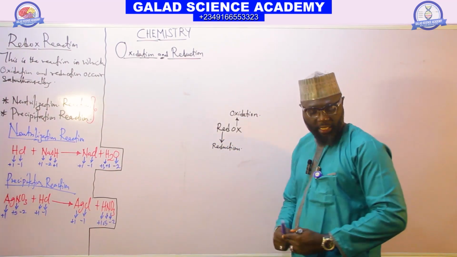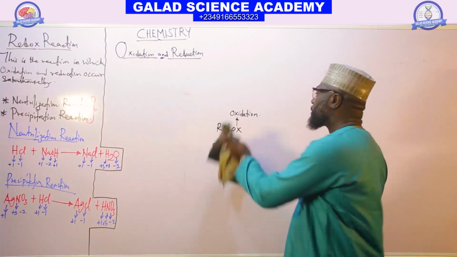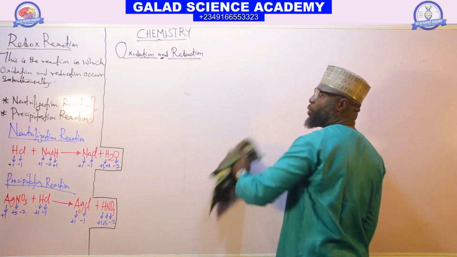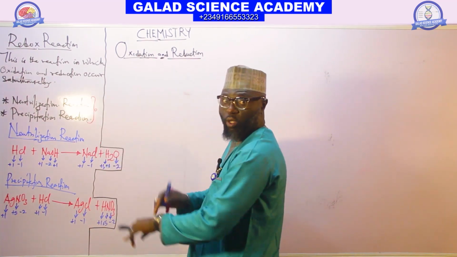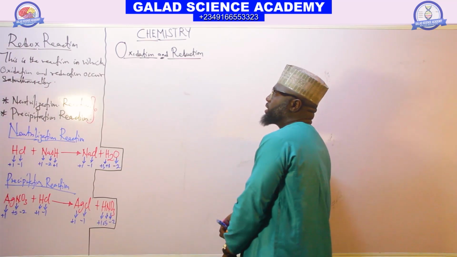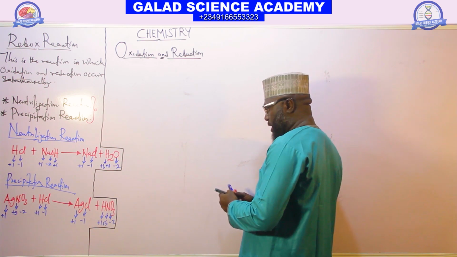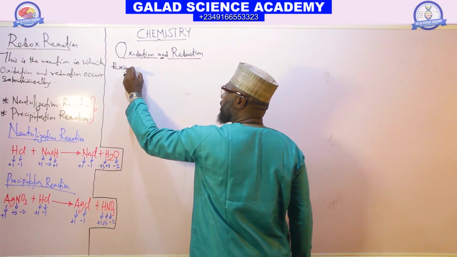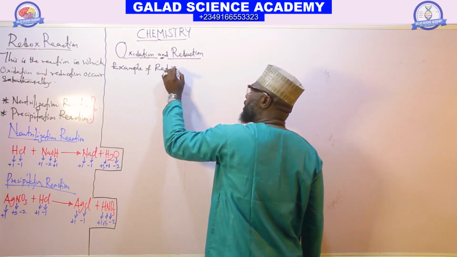So the next thing is, let us look at one example of a reaction which is a redox reaction. Let us use this as a case study. Example of redox reaction.